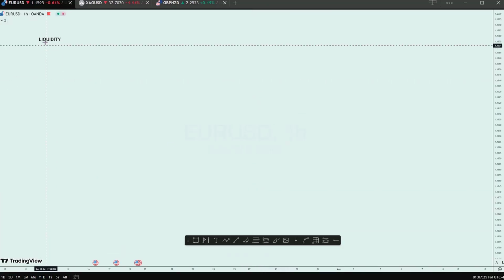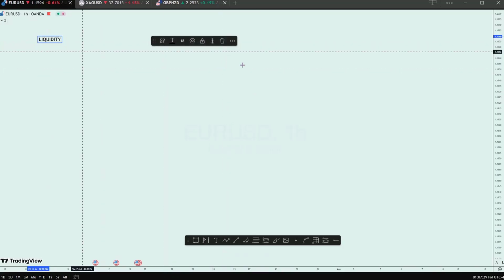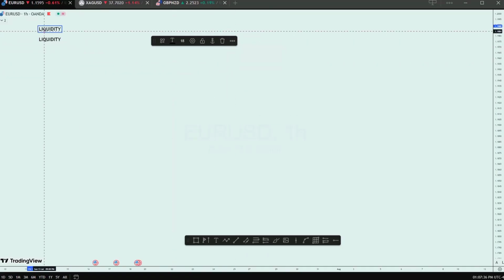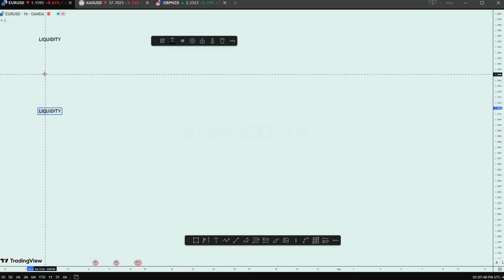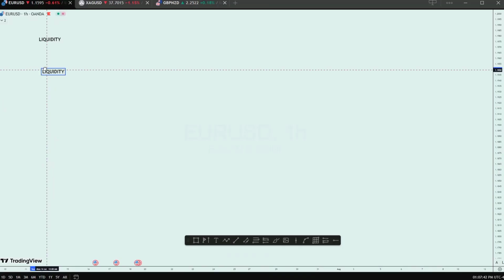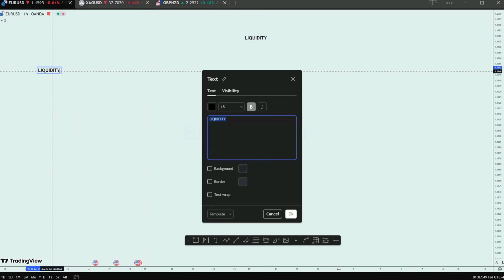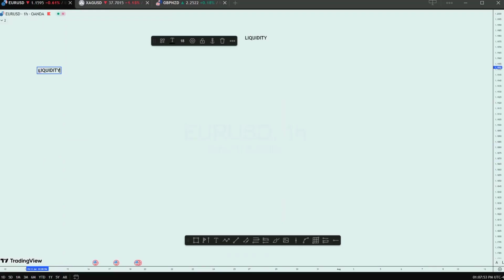And we have three types of liquidity. Okay, let me bring that up.